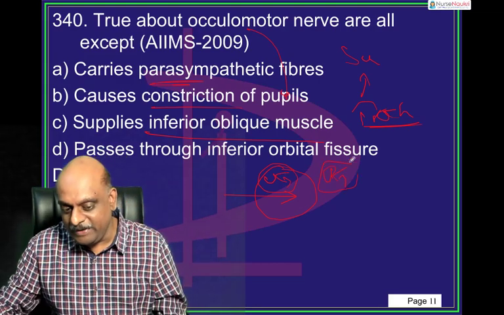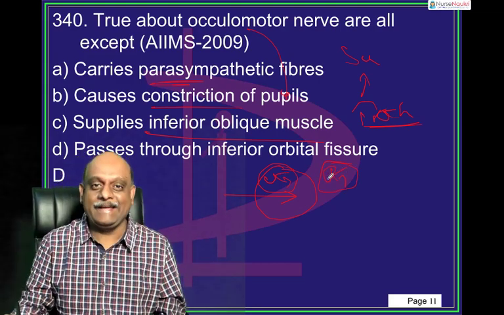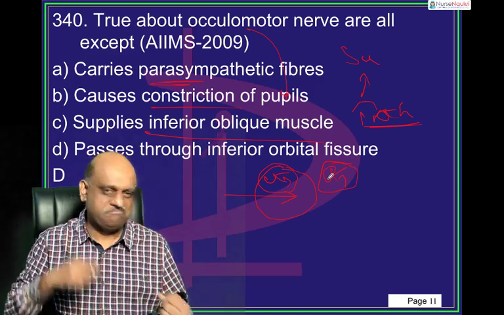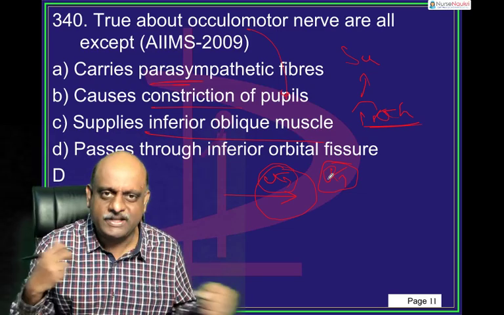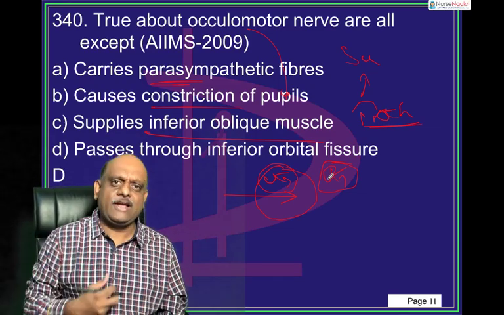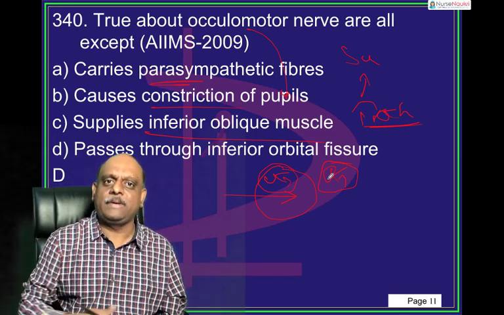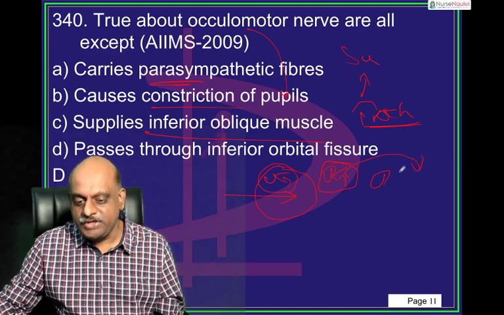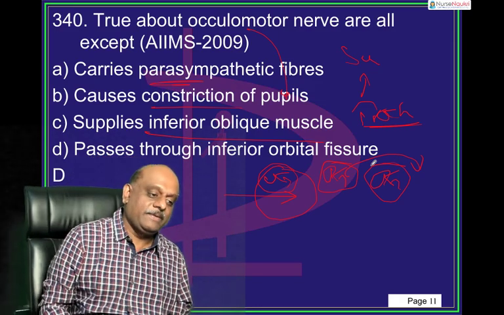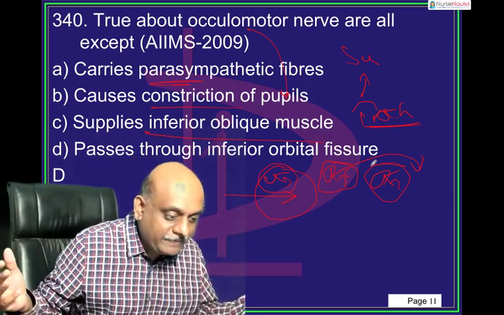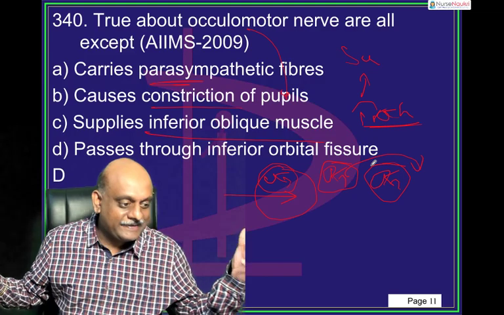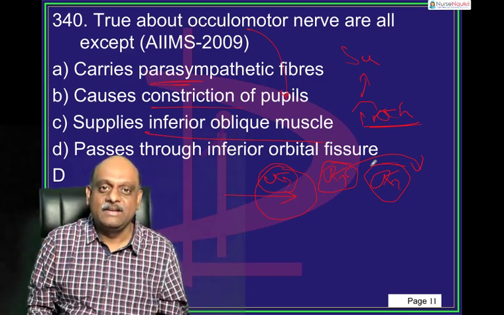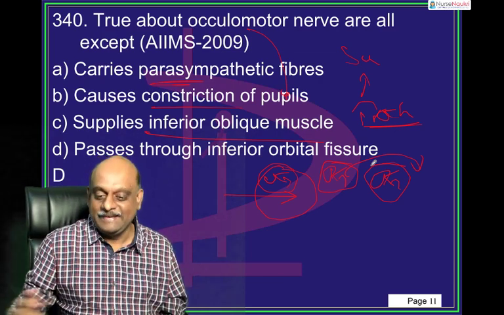In PG preparation, our cohort changes. We have to do revision of all 30,000 questions, somehow get the concepts, do the revision and get the top rank. After that, after getting a seat in postgraduation, we go into yet another cohort. Life doesn't change.